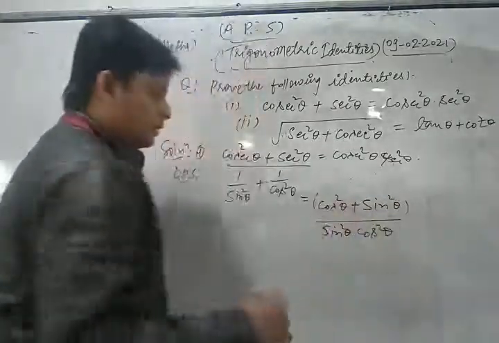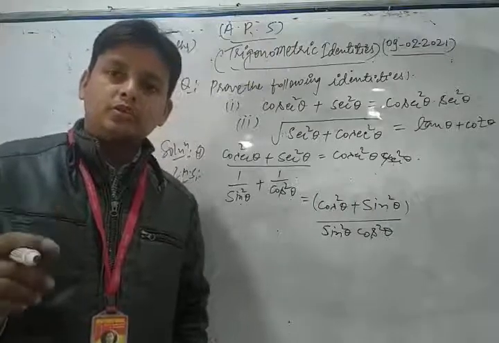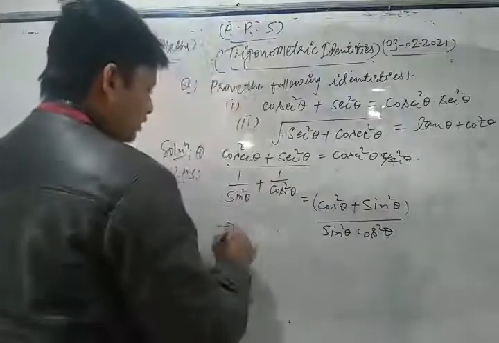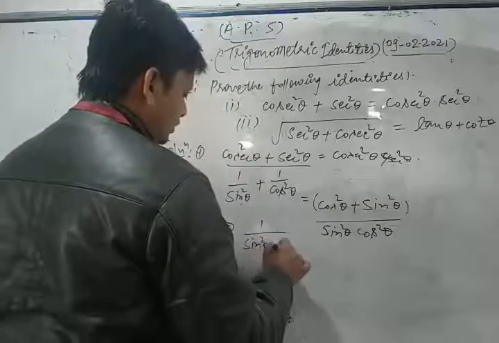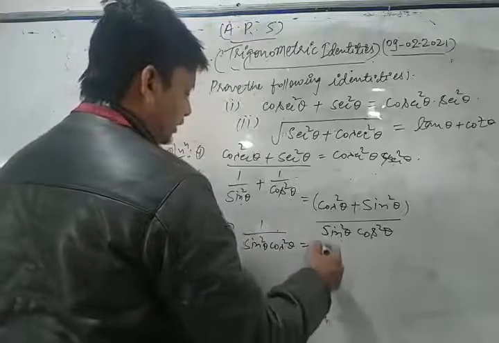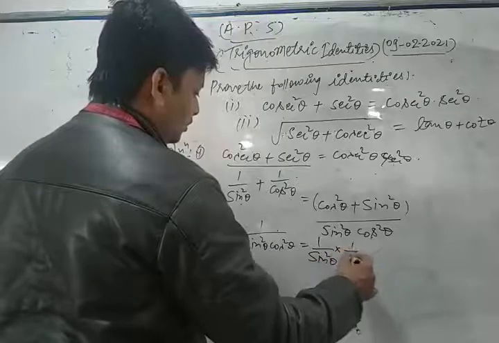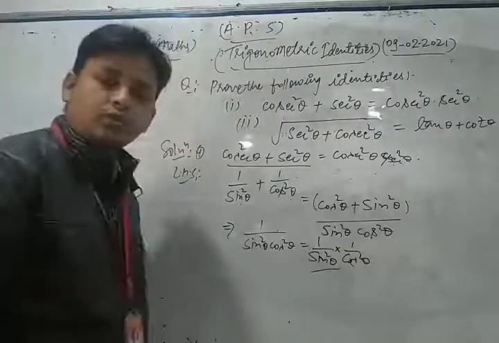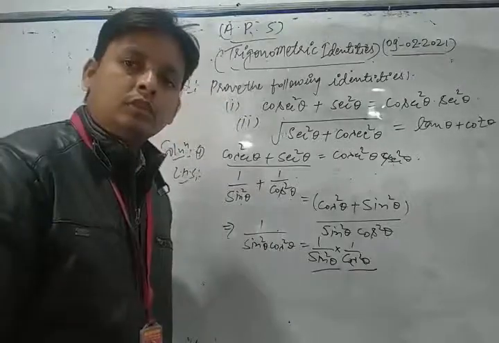And dear students, you know that the value of sin square theta plus cos square theta is equal to 1. So here we put 1, and that is 1 upon sin square theta into cos square theta. So we can write this as 1 upon sin square theta, taken separately, into 1 upon cos square theta. 1 upon sin square theta is equal to cosec square theta, and 1 upon cos square theta is equal to sec square theta.